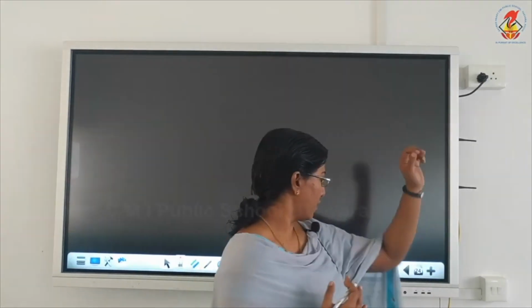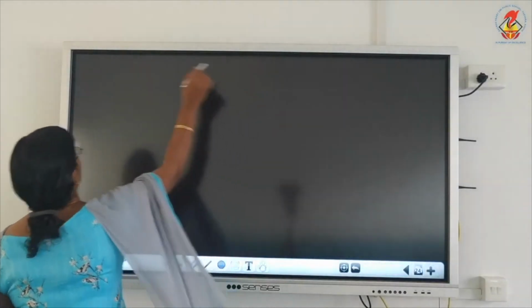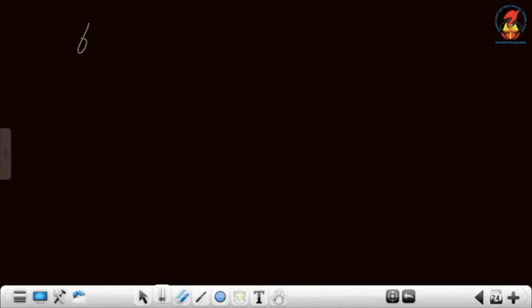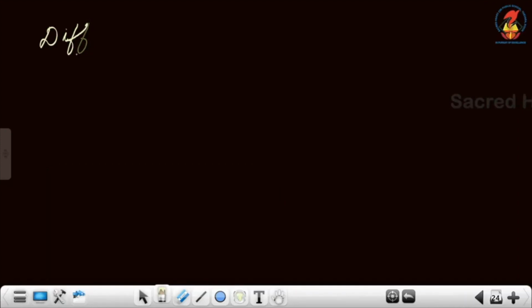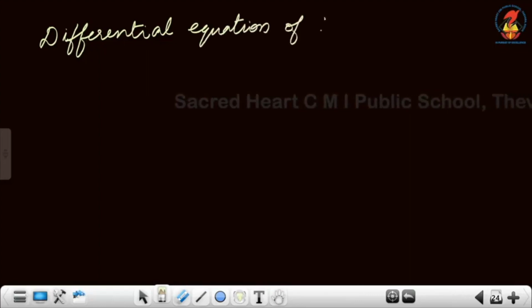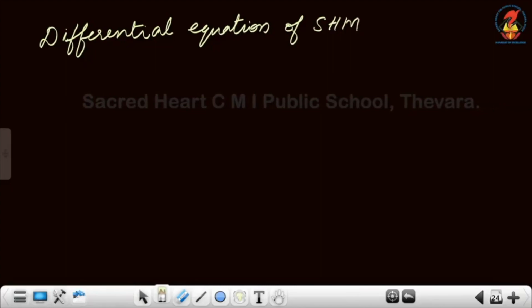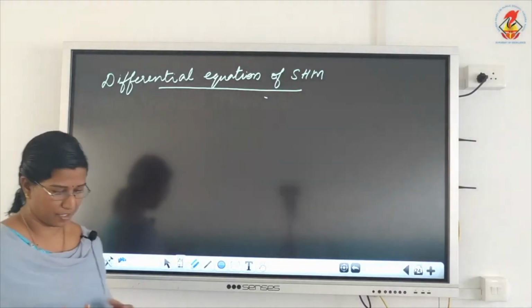Now, we are going to write the differential equation for simple harmonic motion. We are going to derive the differential equation of simple harmonic motion, that is, express simple harmonic motion in differential form.